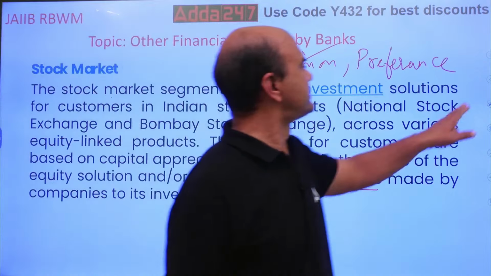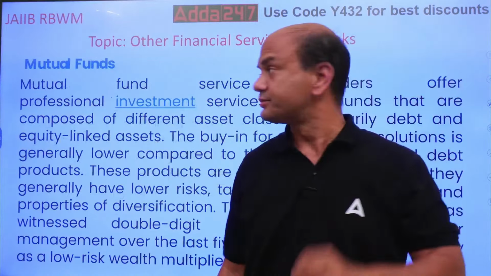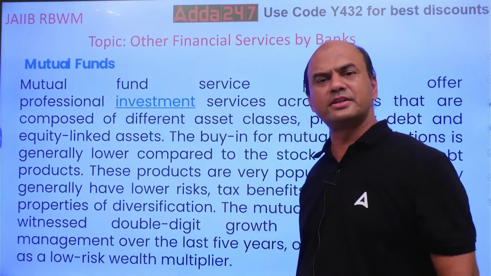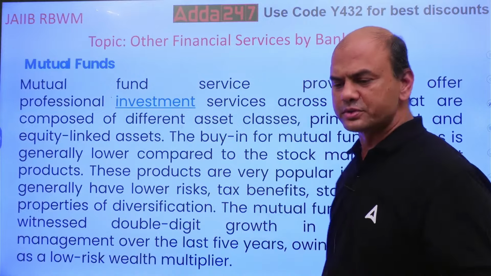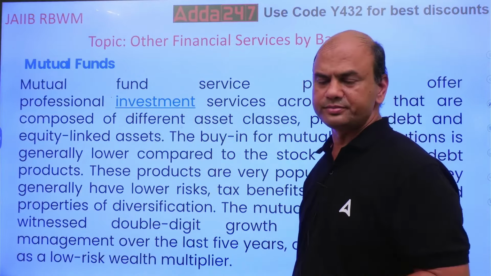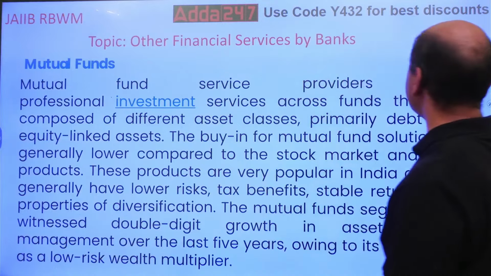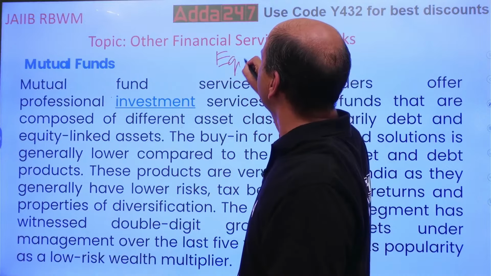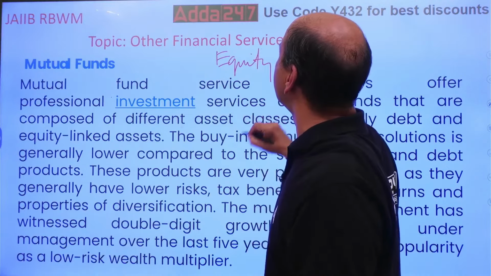The next is mutual funds. This is a common service which you all might be selling, isn't it? 3 types of mutual funds are there: equity, debt, and liquid. Equity means completely related to shares.